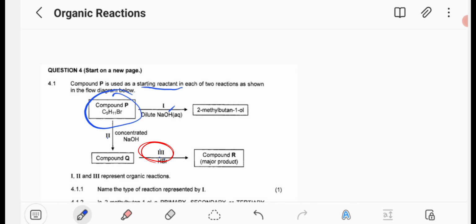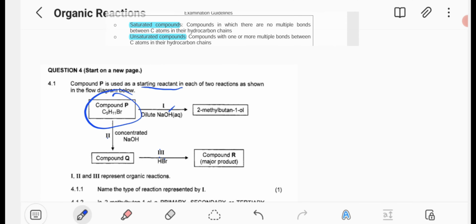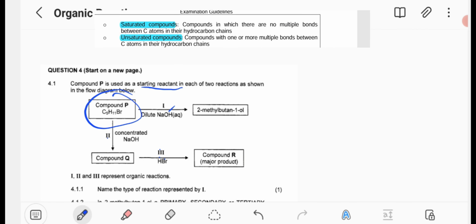The first thing you do when you get to these questions, for any organic compound they've given you, is to tell whether it is a saturated or an unsaturated compound.